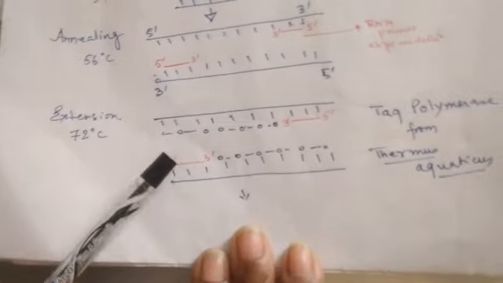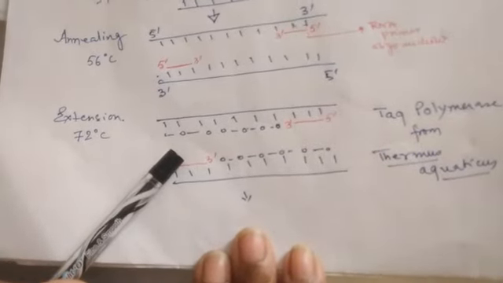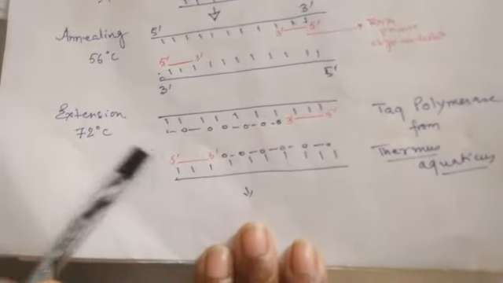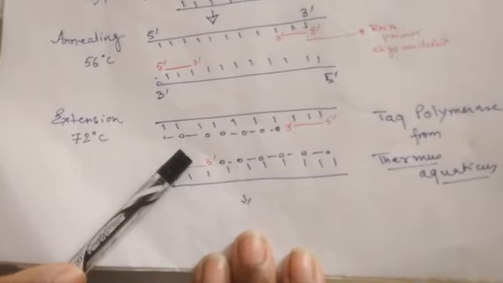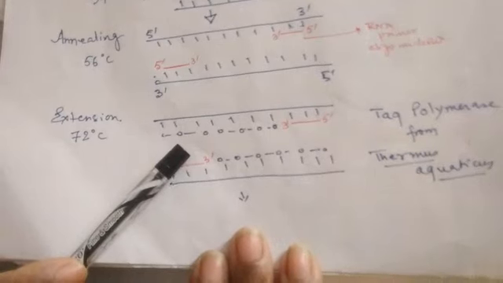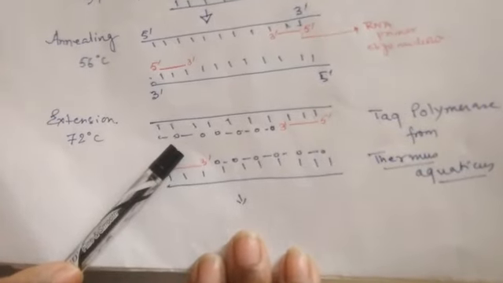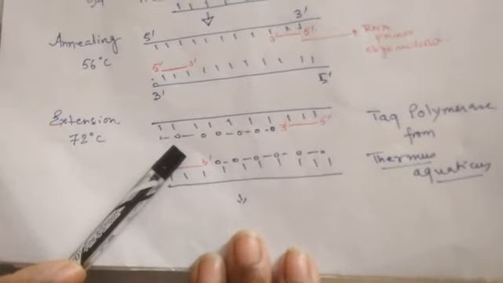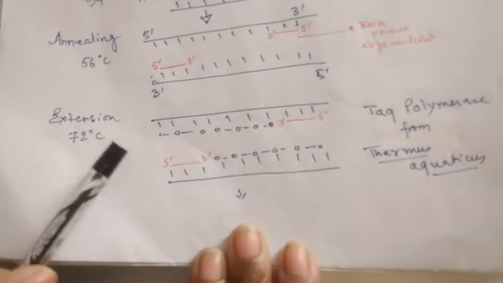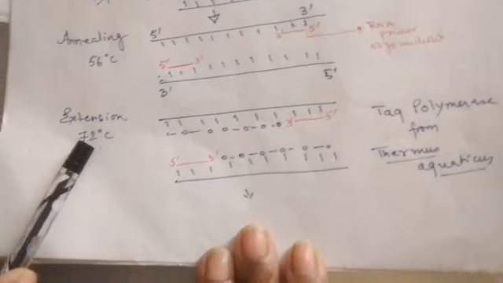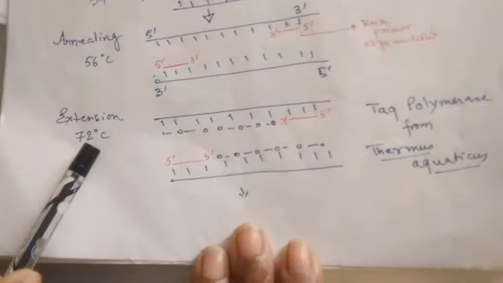The proteins we use in our body or in living systems get denatured at this temperature. So if we extract DNA polymerase from any common living organism, it will not work at this temperature. It will get denatured.